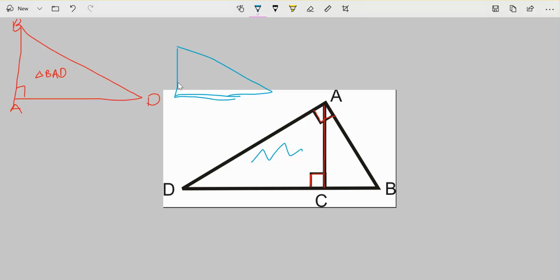My right angle on this triangle is angle C, my shorter leg would be A, and my longer one would be B. I'm going to name it the same way, start in this corner and move around, because I know this angle is going to be congruent to that angle, and this would be triangle ACD.